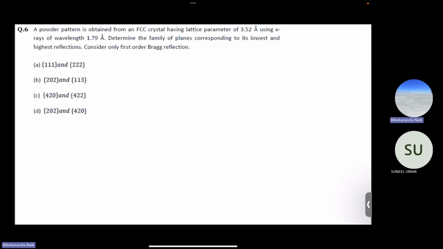Okay, a powder pattern is obtained from an FCC crystal having lattice parameter of 3.52 angstrom using X-rays of wavelength 1.7 angstrom. Determine the family of planes corresponding to its lowest and highest reflections. Consider only first order Bragg's reflection.